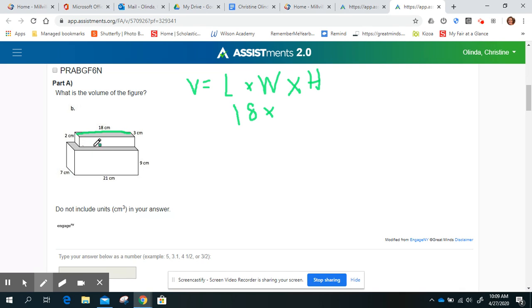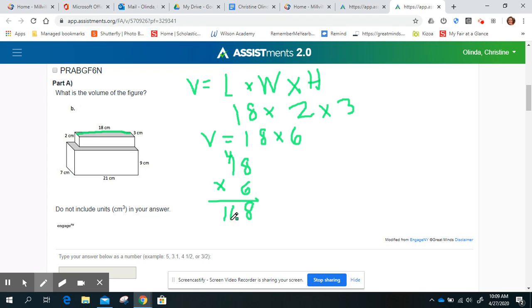The width is 2, and the height is 3. So 18 times 6. If you can't solve that horizontally, you'll have to solve that vertically. 6 times 8 is 48. 6 times 1 is 6, plus 4 is 10.